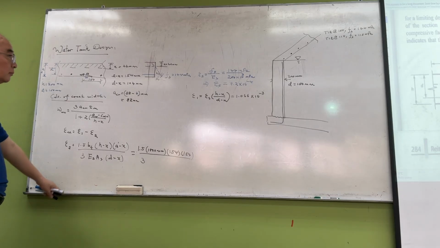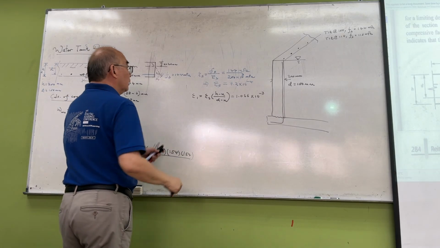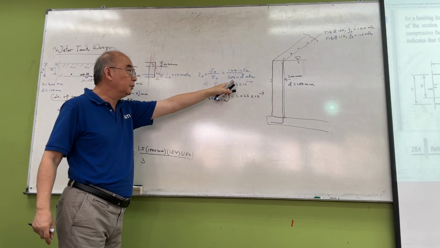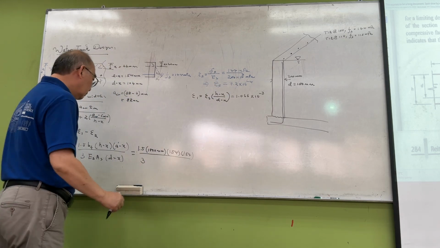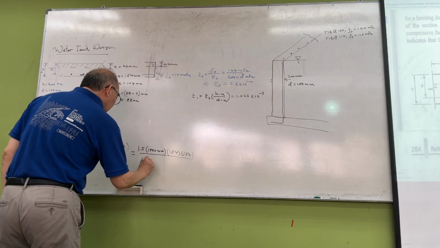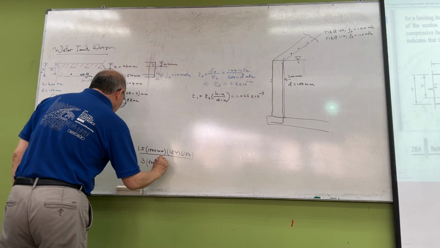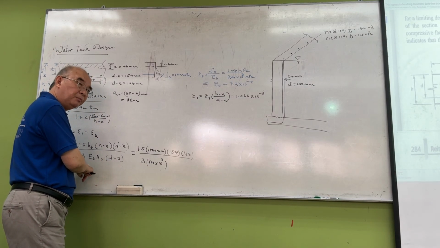Es is 200 gigapascal, which will be 200 times 10 to the 3 megapascal, right? Es is expressed in terms of MPa.